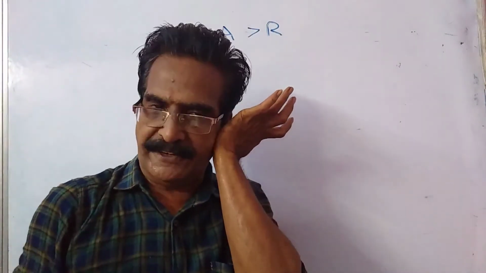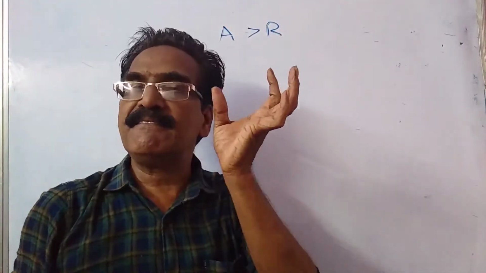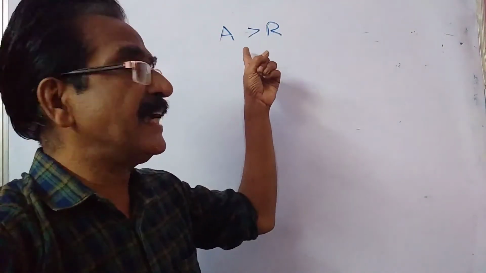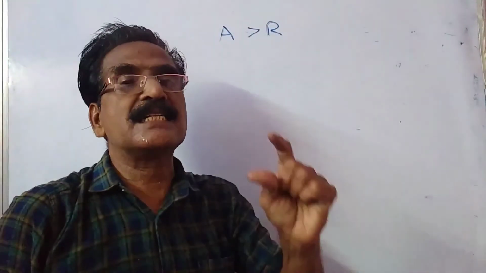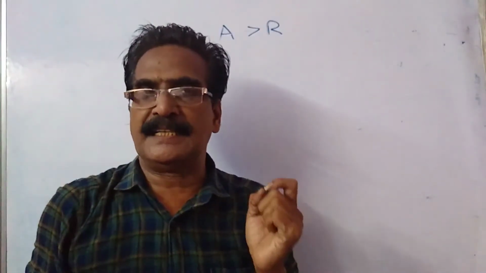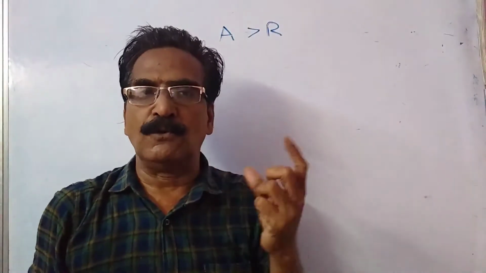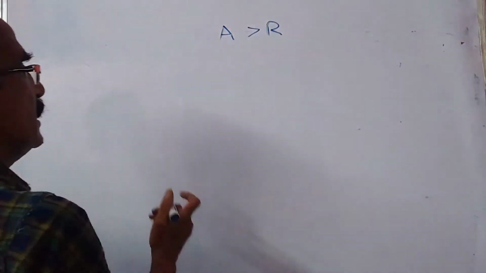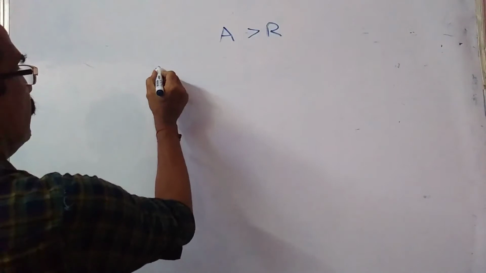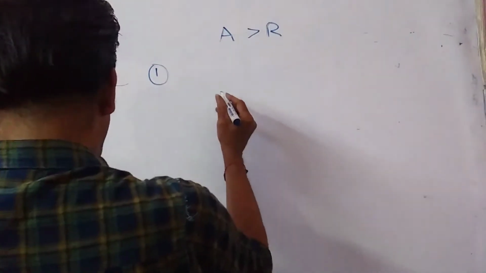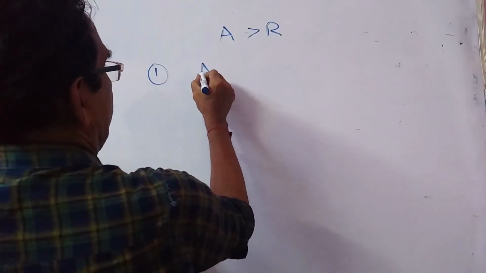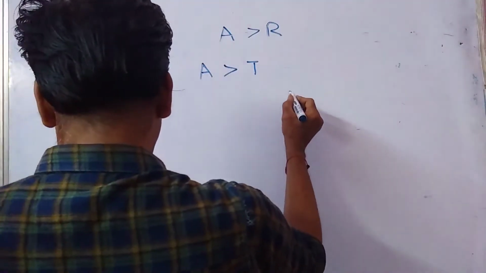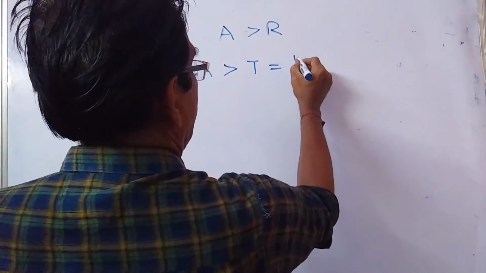You have to verify in which of the options A greater than R does not follow. So here we want the one that does not follow. Okay, let us see the first option. The first option is this: A greater than T, T is equal to P.